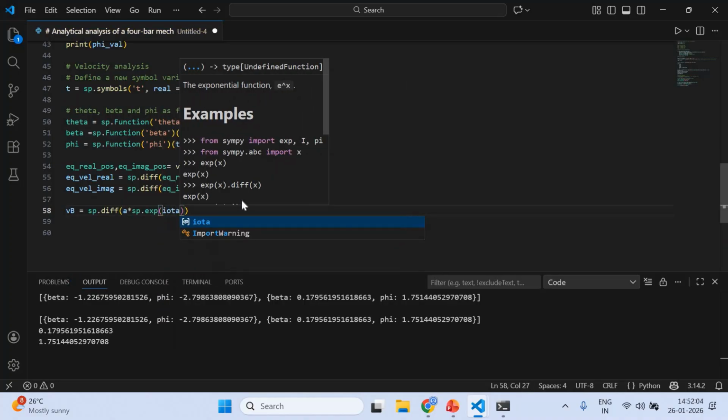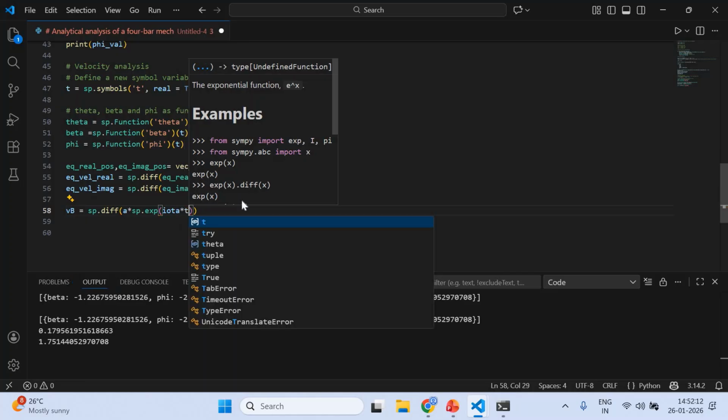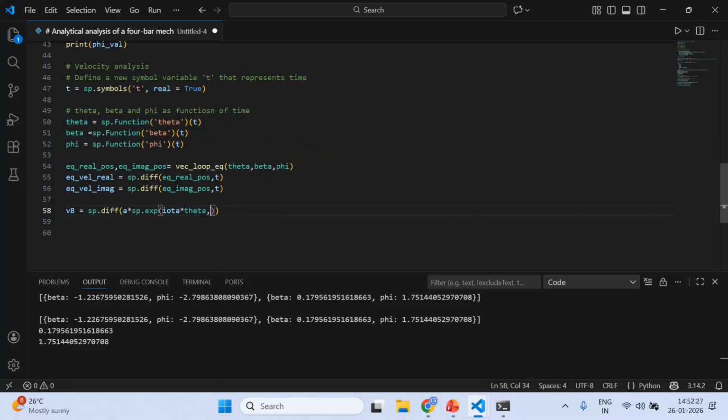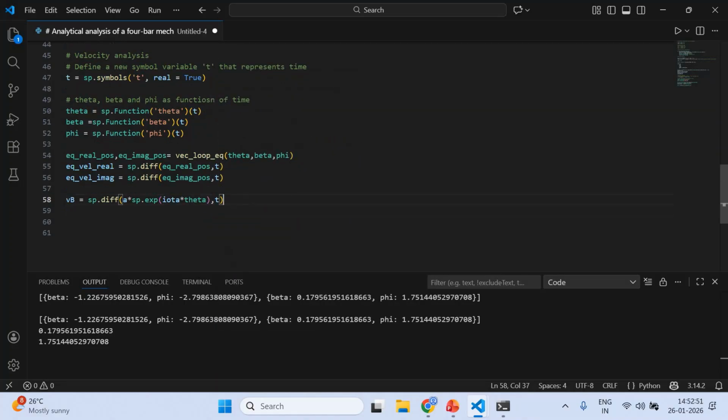Now here see, I have already defined iota term as iota equal to sp.I. So I am simply using this term here. So iota multiplied by theta and bracket close, and then after that finally what we have, comma t. Clear? So this is simply a vector is equal to a e to the power I theta.